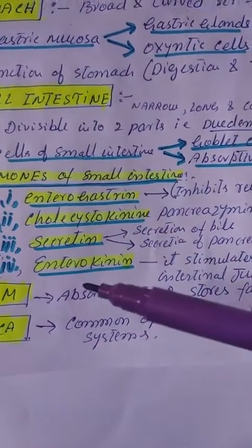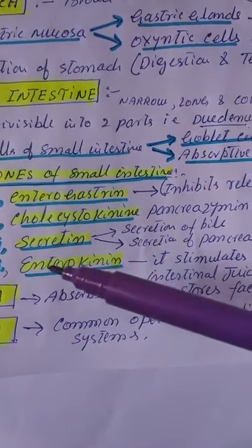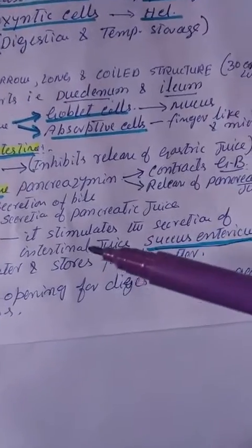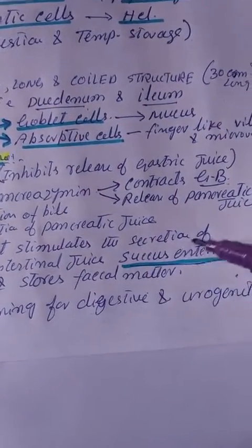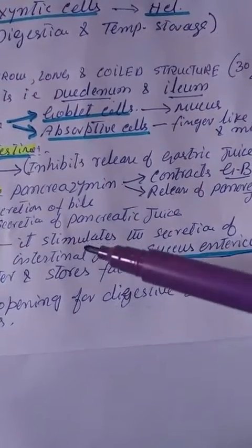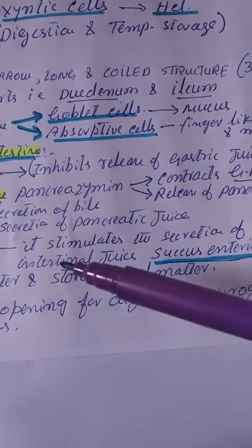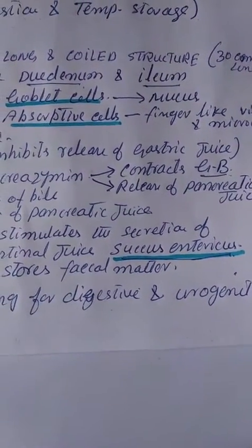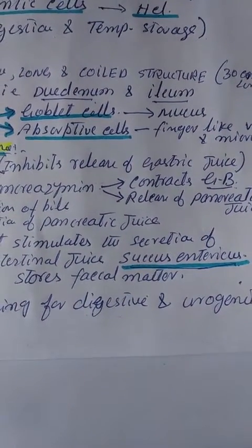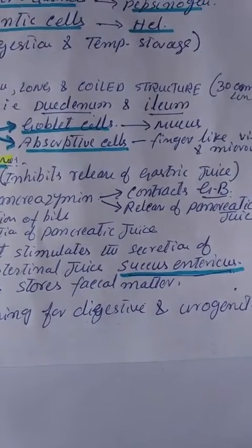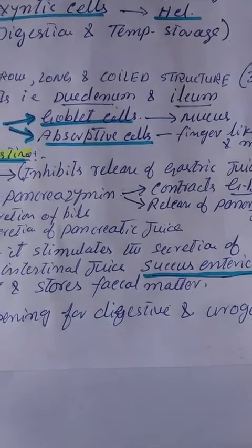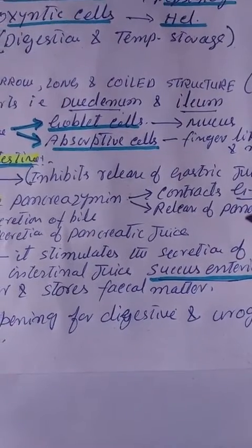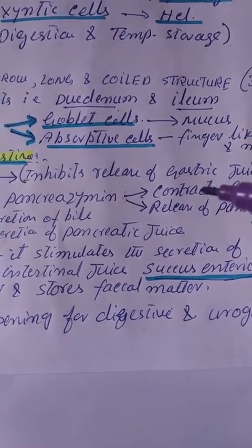The fourth important hormone is known as enterokinin. This enterokinin hormone stimulates the secretion of the most important intestinal juice called succus entericus. This succus entericus contains almost all the enzymes required for the digestion of proteins, carbohydrates and lipids.